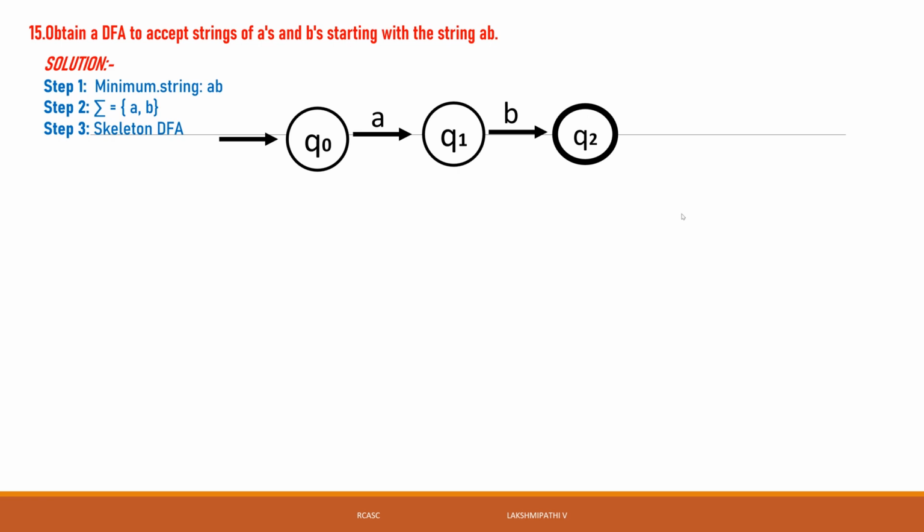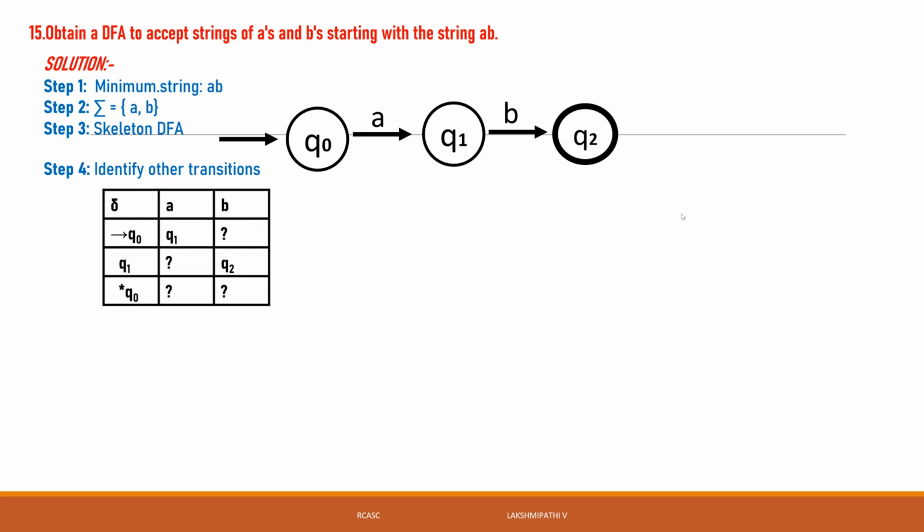Next, we go for the undefined states. Up to here it is common for all the problems, the same as what we studied previously. But when we go for the undefined states, that is very important. What are the undefined states here? Q0 of B, we don't know where to send it.